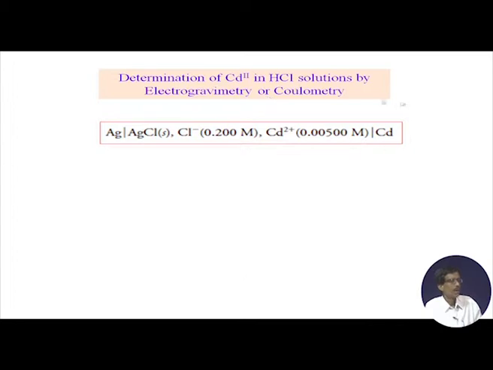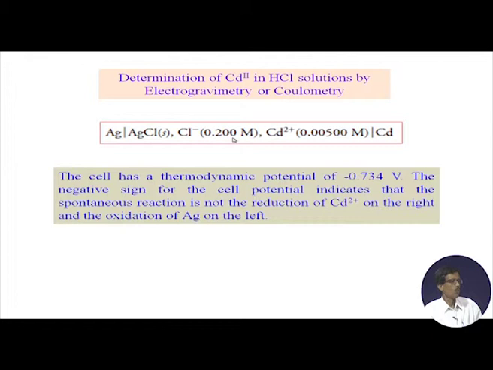On the right hand side, the cadmium is getting reduced to cadmium metal, with a certain concentration of that cadmium solution, and on the left hand you have the reference electrode, which is a silver chloride electrode having a chloride concentration of 0.2 molar. This cell has a thermodynamic potential which we can measure as minus 0.73 volt.